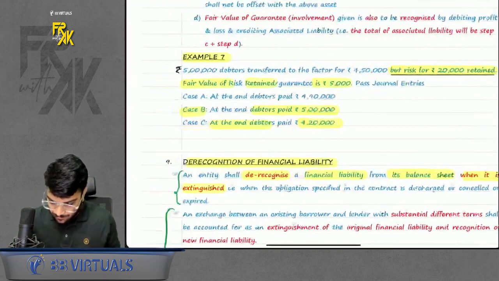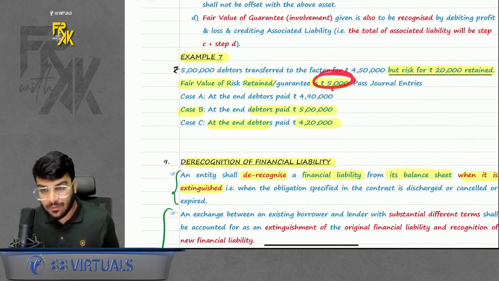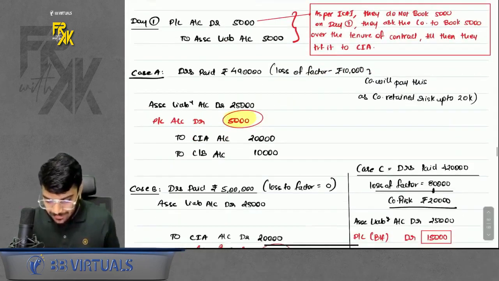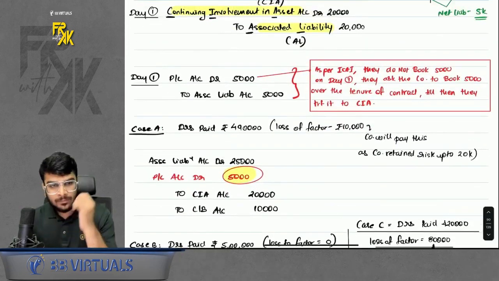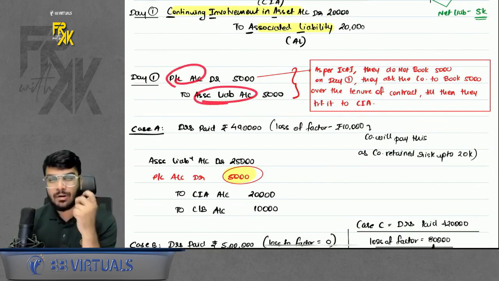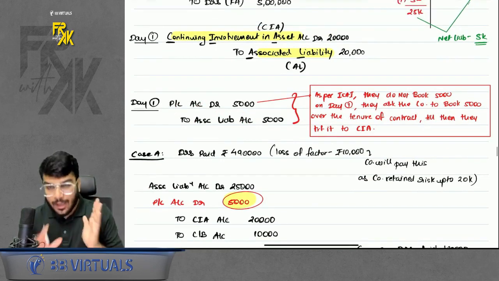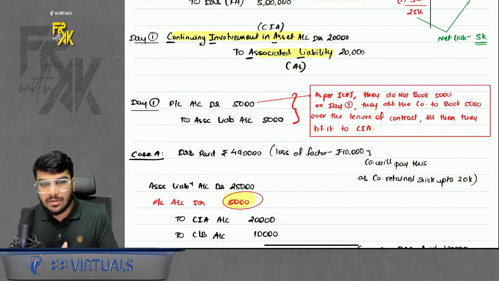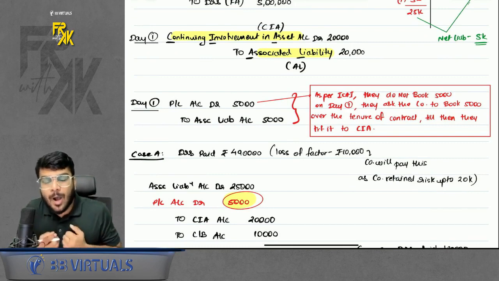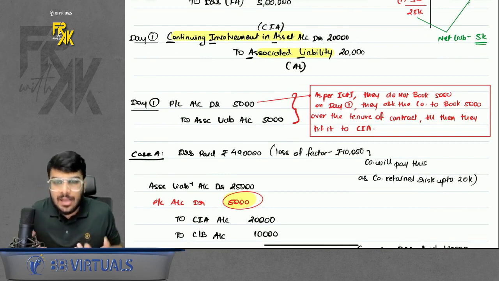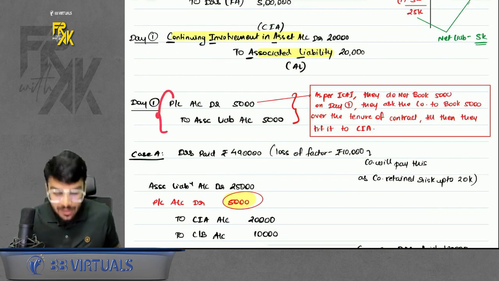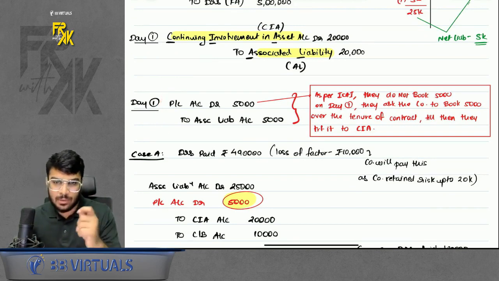Then whatever fair value is given, let's say the fair value is given as 5,000. So for that 5,000 fair value, you will record P&L to associated liability. What is the meaning of this 5,000? It simply means that if you have retained the risk of 20,000, on day one, what do you feel? How much payment will you have to make under this risk? So on day one, we feel that my loss is going to be 5,000. So I recorded 5,000, P&L to associated liability.